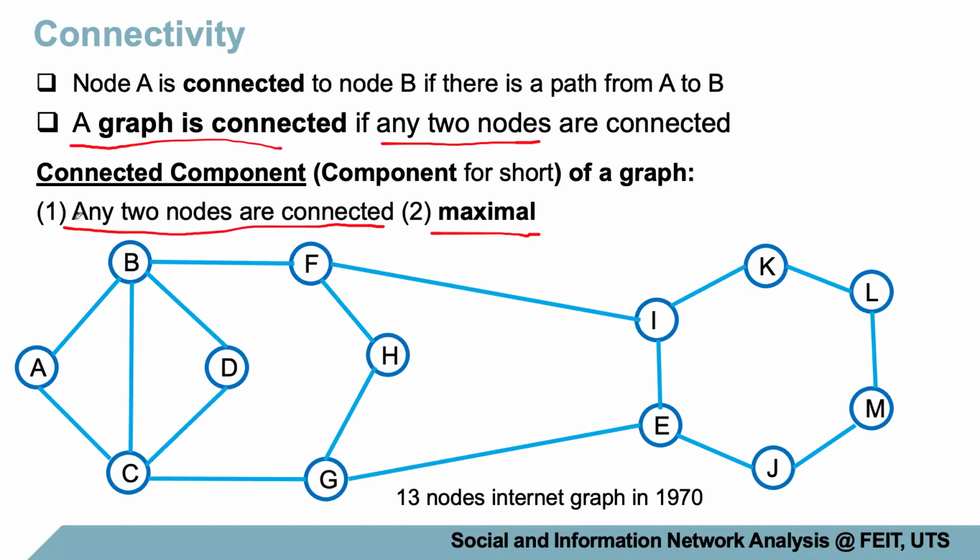That means a connected component is already maximal: if you add any vertex or edge to the connected component, then it is no longer connected. That is the maximal subgraph that maintains this property. Let's see an example, still the same ARPA network. We can see, obviously, any two nodes in this graph are connected with each other.